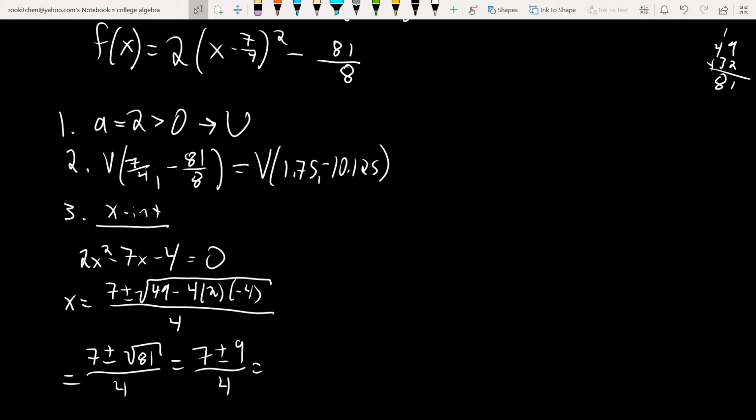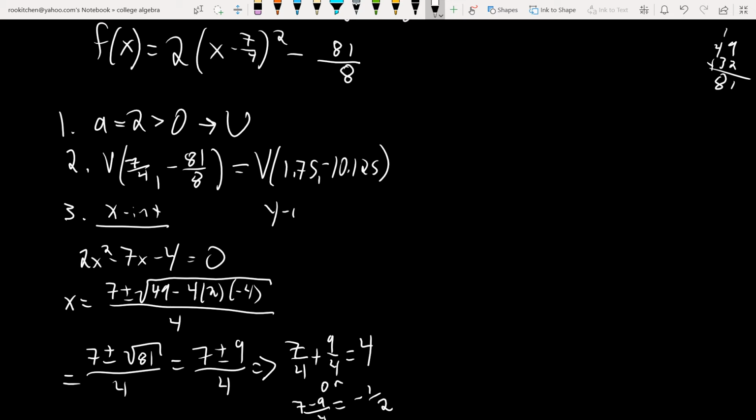So we're getting 7 fourths plus 9 fourths, which is 16 fourths, which is 4. Or the other intercept, 7 minus 9 over 4, which is negative 2 fourths, which is negative 1 half. Okay, so we got those x-intercepts.